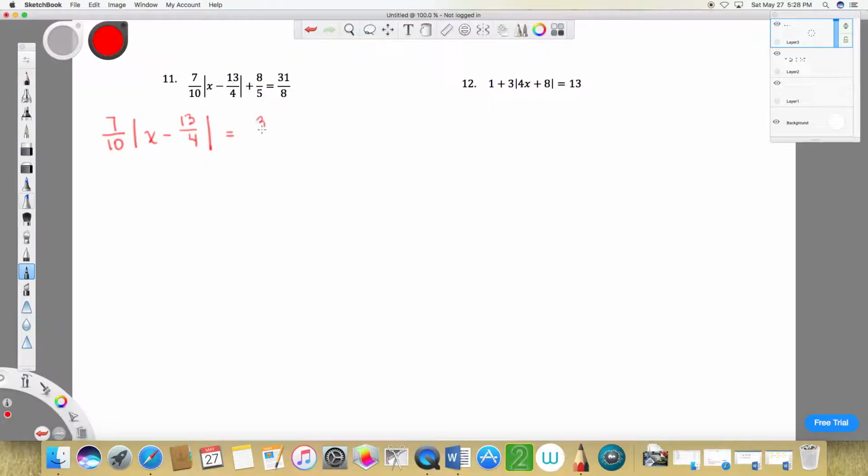So we'll take this 31 over 8, multiply it by the number 1, but we write the number 1 as 5 over 5. Now we'll subtract this fraction, 8 over 5. We'll multiply it by the number 1, but we'll write 1 as 8 over 8. So therefore we get a common denominator.